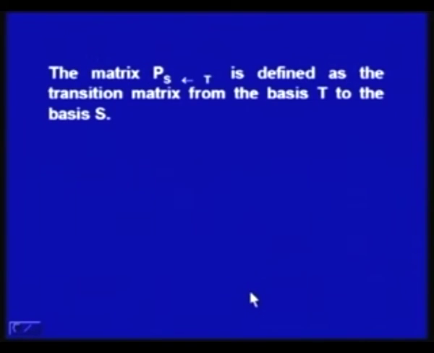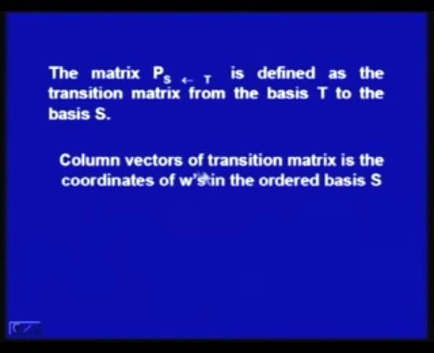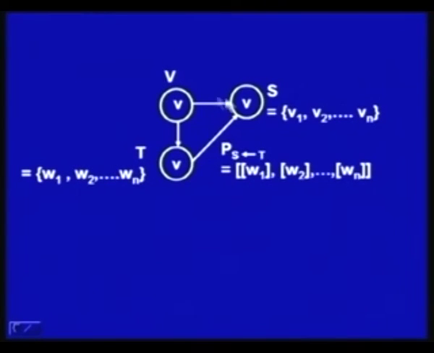Now, this matrix P_ST is defined as the transition matrix from the basis T to the basis S, and the column vectors of the transition matrix are the coordinates of the W's in the ordered basis S.